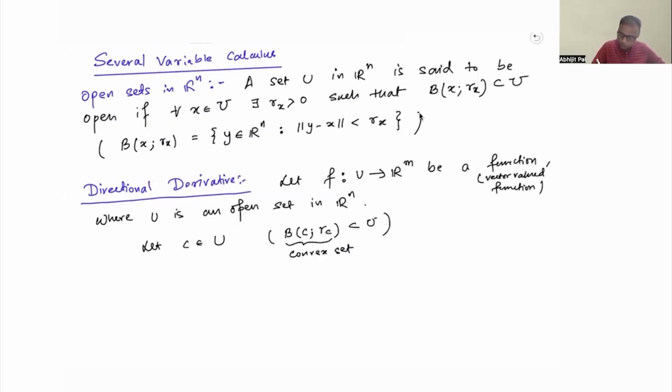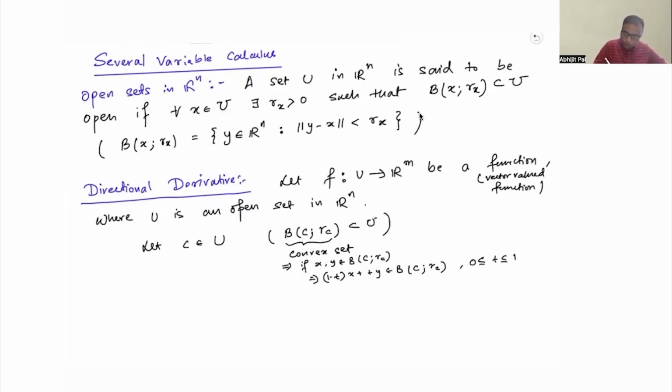So this implies that if x and y belong to this ball, the convex combination also belongs to this ball, where t varies from 0 to 1.